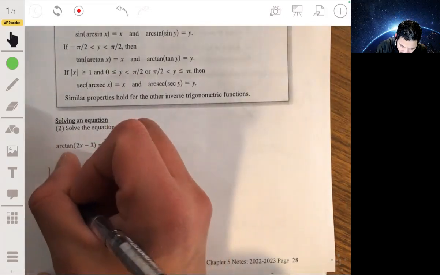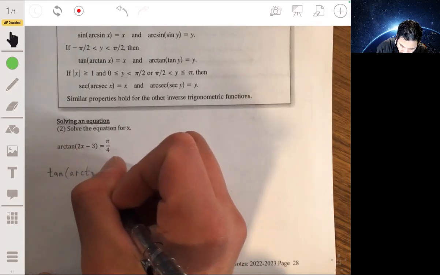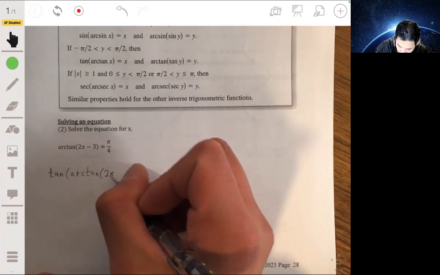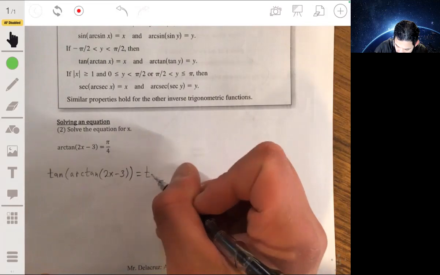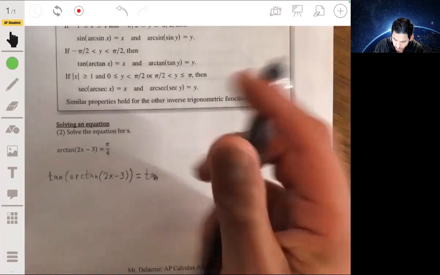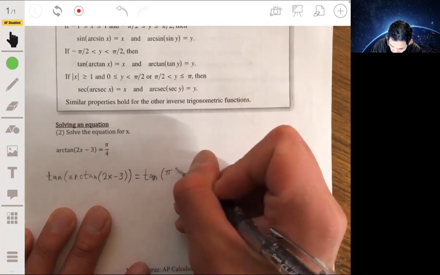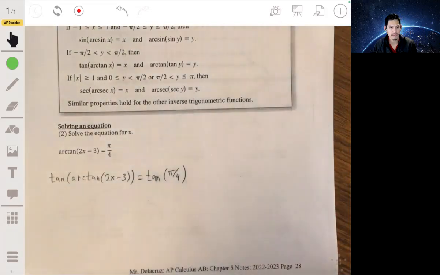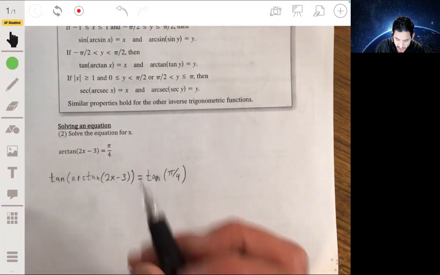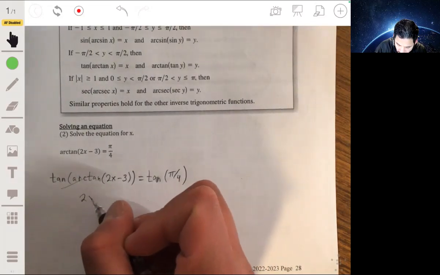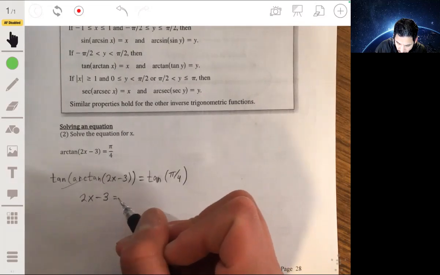So we would take the tangent of each side: the tangent of the arctangent of 2x minus 3 is equal to the tangent of pi over 4. When you take the tangent of the arctangent, those cancel each other out, and you would just have 2x minus 3 on the left.